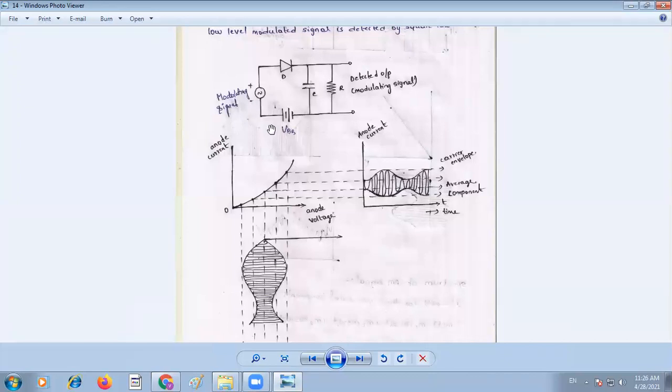So the different frequencies appear at the diode, and the tank circuit is tuned to different frequencies. So Fc plus Fm is one signal and Fc minus Fm is another. Fc plus Fm is the upper sideband signal generated, and Fc minus Fm is the lower sideband signal generated. Is it not? So that is the generation process.